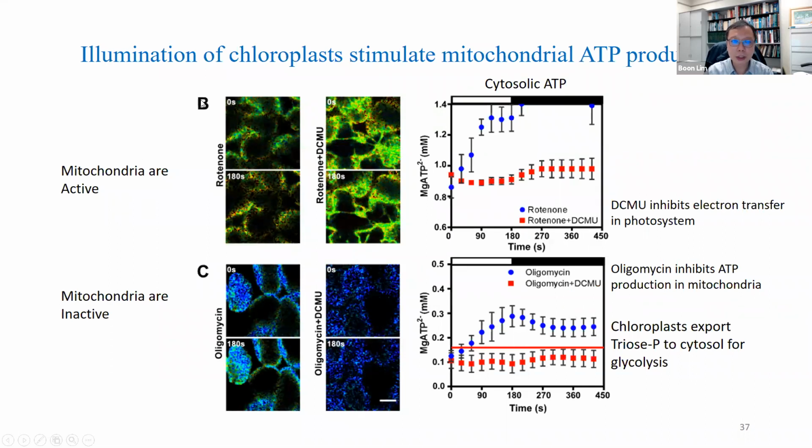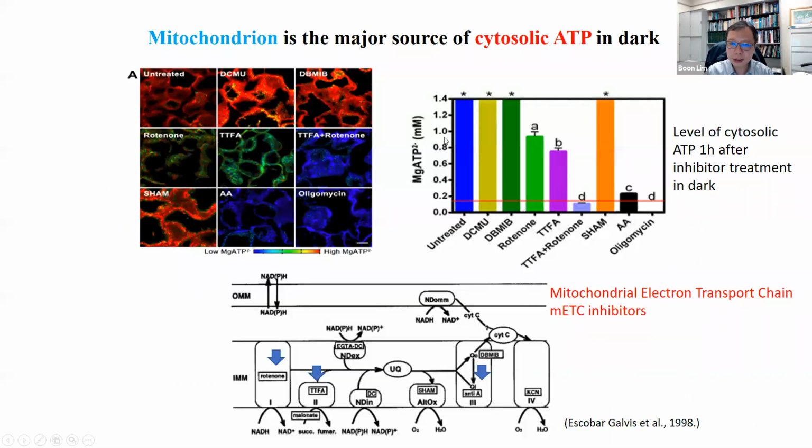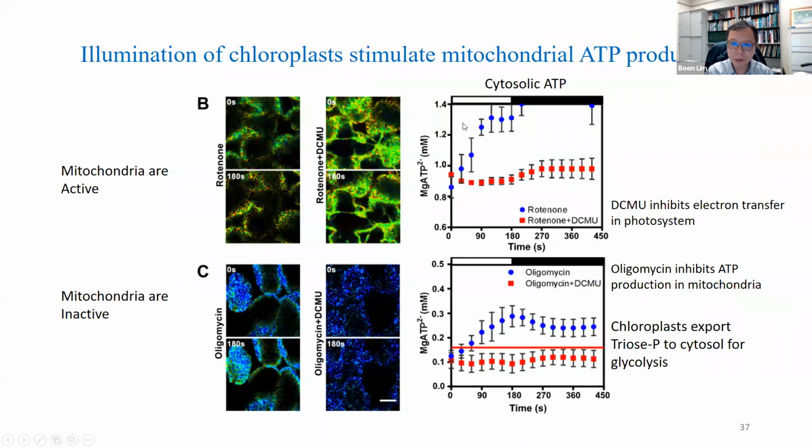Then we treat the 10-day-old seedlings with rotenone so that the cytosolic ATP drops to a detectable range. After we treat the seedlings with rotenone, the cytosolic ATP dropped to about 0.9 millimolar. And then if we turn on the light, we can see a rapid increase of cytosolic ATP.